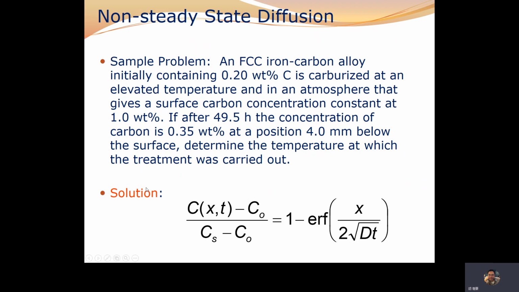So what is the pre-existing concentration C0? It is 0.2 weight percent carbon, because it is initially containing that. And the surface concentration is 1 weight percent.